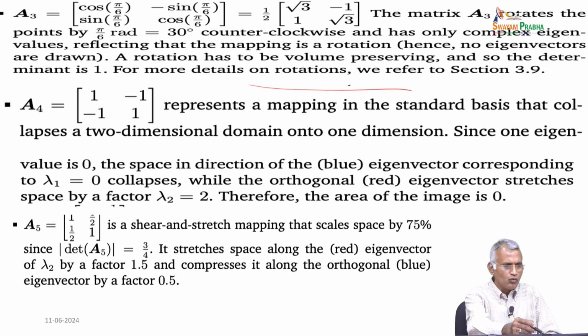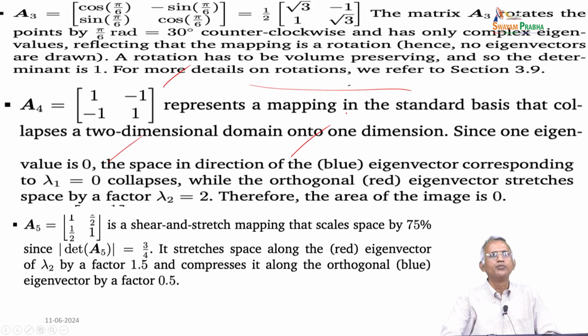Suppose A4 equal to [1 -1; -1 1] represents a mapping in the standard basis. Then it collapses the 2-dimensional domain onto a 1-dimensional space. Since one eigenvalue is 0, the direction of the blue eigenvector corresponding to lambda 1 equal to 0 collapses, while the orthogonal red eigenvector stretches space by the factor lambda 2 equal to 2. Therefore, the area of the image is 0.